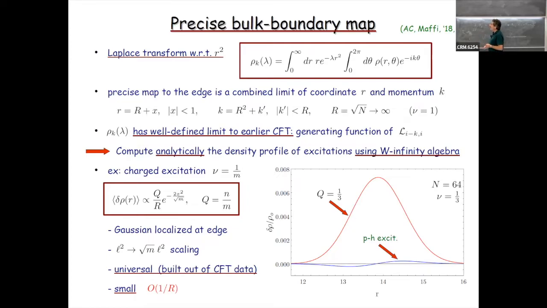Okay, and the point is that because this algebra has the powers, they have this higher spin current. The quantum numbers of the higher spin currents are the moments of the density.